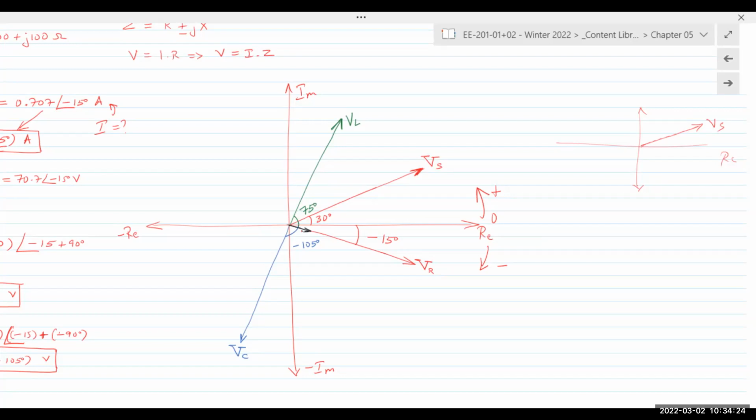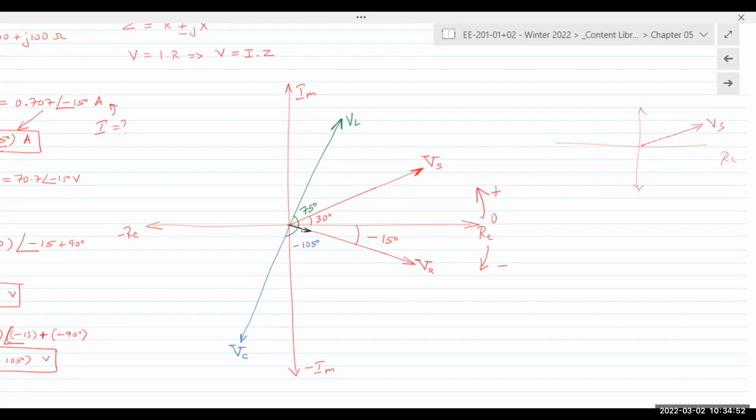Then VL has an angle of plus 75 with the real axis. Minus 15 and plus 75 gives you 90 degrees. Voltage VL is 90 degrees ahead of the current. It's rotating counterclockwise, so anything with a larger positive phase angle is ahead of something with a smaller angle.